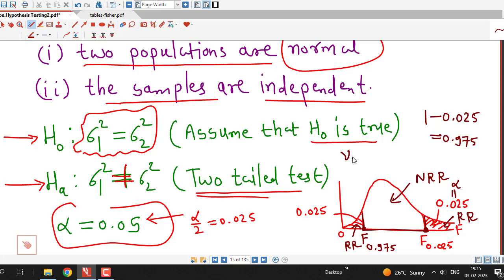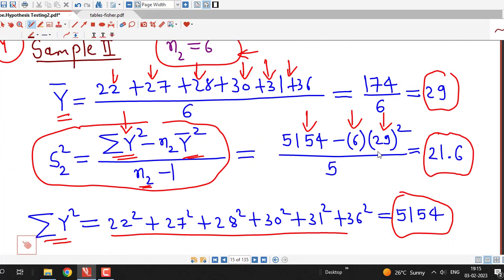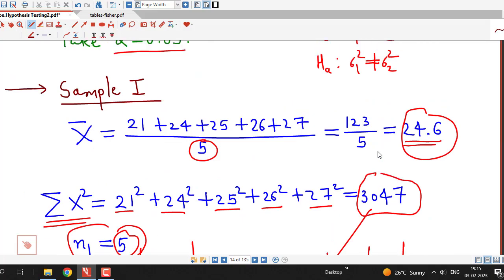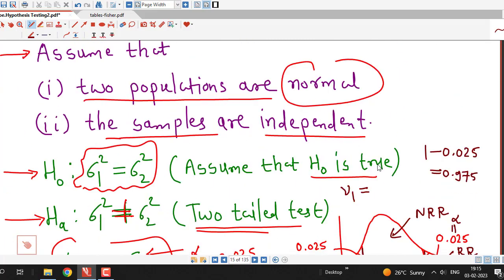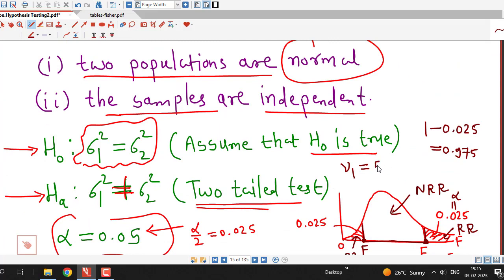Here degrees of freedom for the numerator are first sample size minus 1, the first sample is of size 5, therefore numerator degrees of freedom will be 5 minus 1, that is 4. The second sample is of size 6, therefore denominator degrees of freedom are 5.